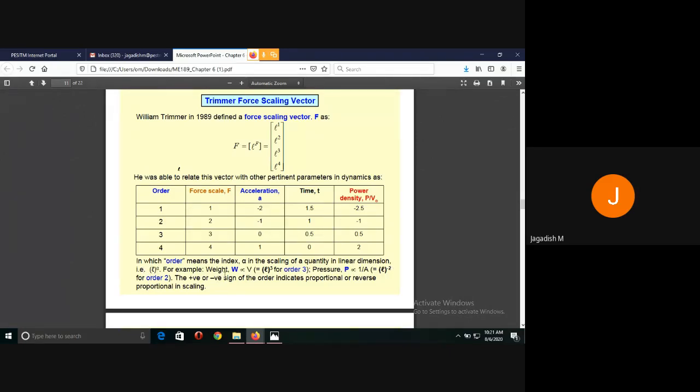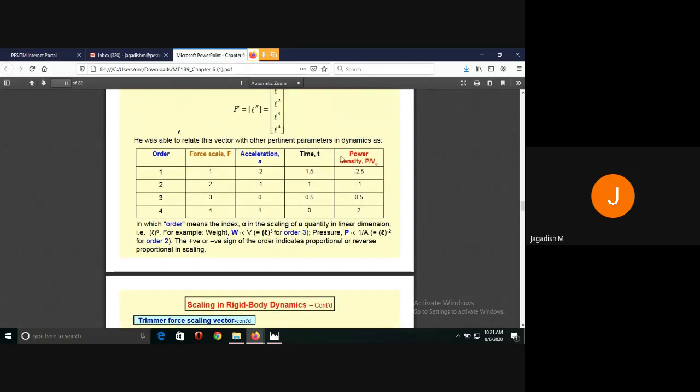For example, see how to look into this table. You should go through this. Weight is proportional to volume and volume is equal to L cube, so the order of that is 3. The pressure P is proportional to 1 by A, that is acceleration. 1 by A is L to the power minus 2 and its order is minus 2.